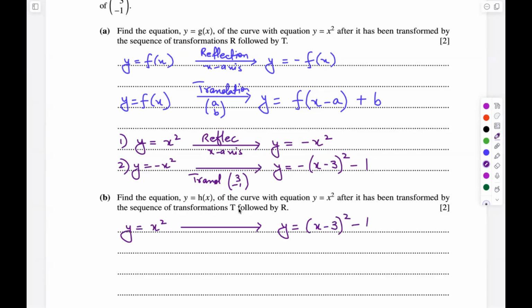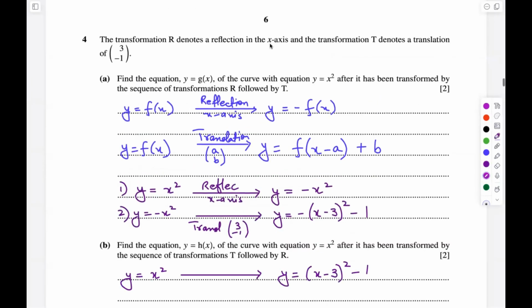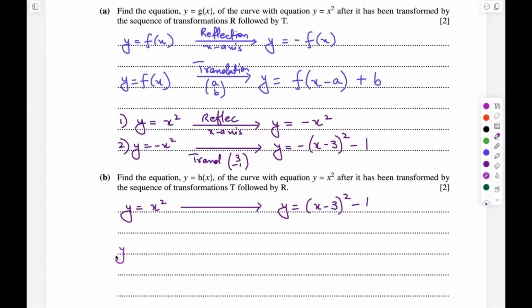And it is followed by R, which is a reflection in the x-axis. So we'll multiply the whole equation by a negative sign. So this will become minus (x minus 3) whole squared, and this will become plus 1.